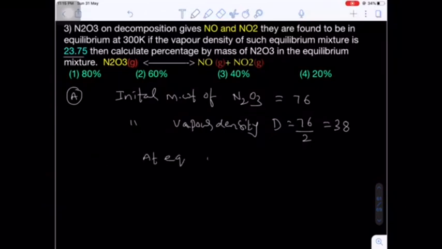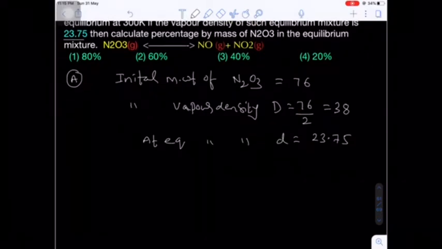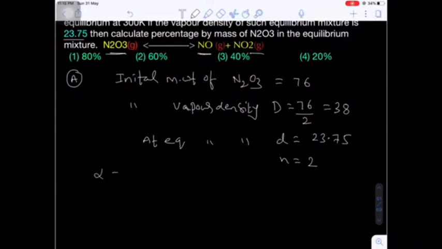The vapor density at equilibrium given in the question is 23.75. Now, 1 mole of reactant will give how many moles of the products? 2 moles. So n value is 2. Remember, n value is always considered from 1 mole of reactant, how many moles of products will be obtained.